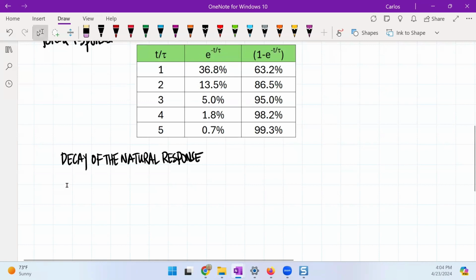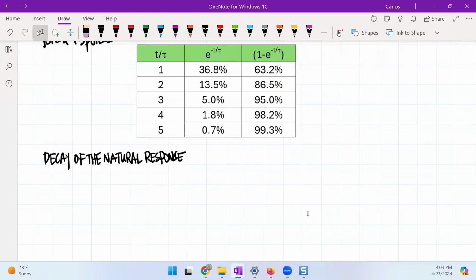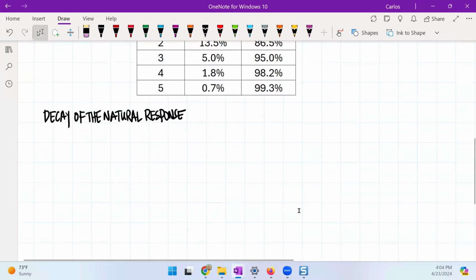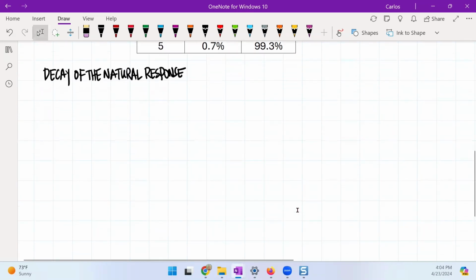So if I look at the decay, I'm going to move these things around just to get them symmetrically on the page. Here's what I'm seeing. And the way I'm going to do it is I'm going to use bar diagrams. So one of the things that you want to pay attention to is that when it decays, it's actually talking about the current of the capacitor, which is proportional to the voltage of the capacitor.